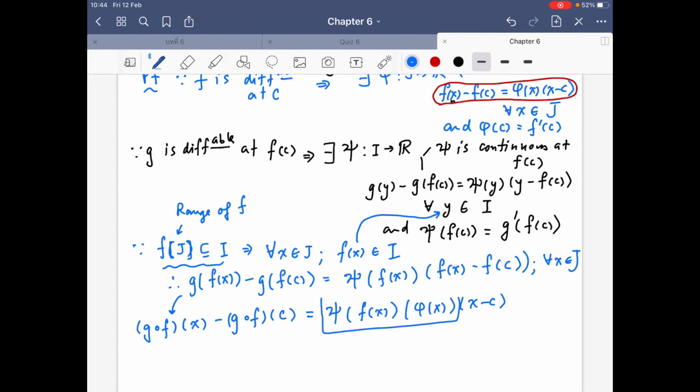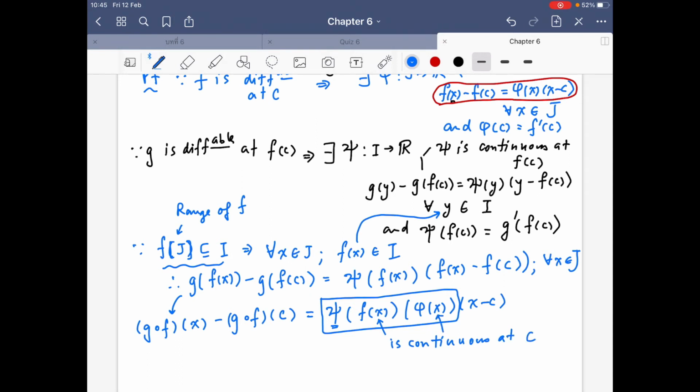All right, so this can be regarded as another function for the Carathéodory theorem, because your psi of f of x is continuous at the point x equals c.